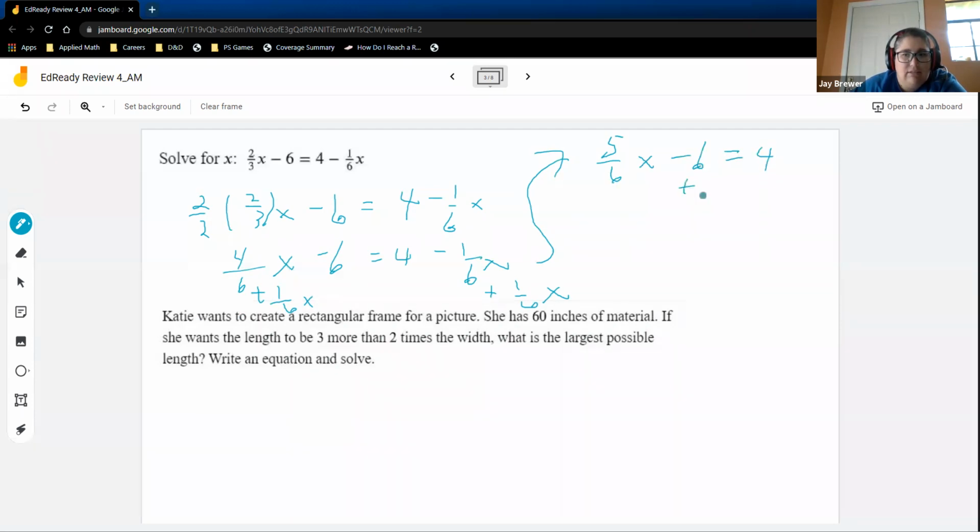We're going to add 6 to both sides. Get 5 over 6 x equals 10. And then we just have to multiply by the reciprocal on both sides. So this 6 cancels, this 5 cancels. We get x equals 6.